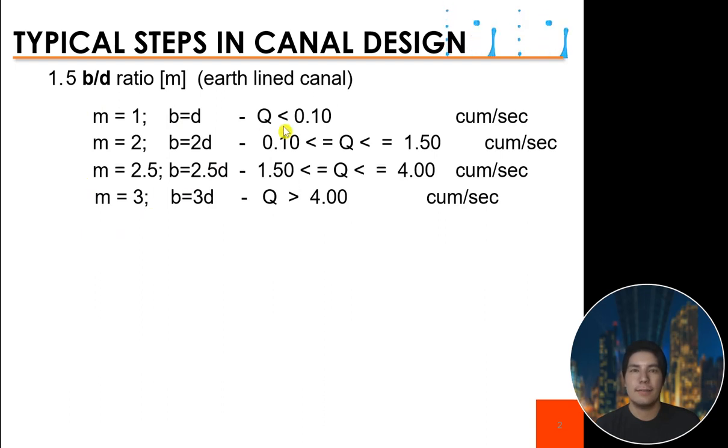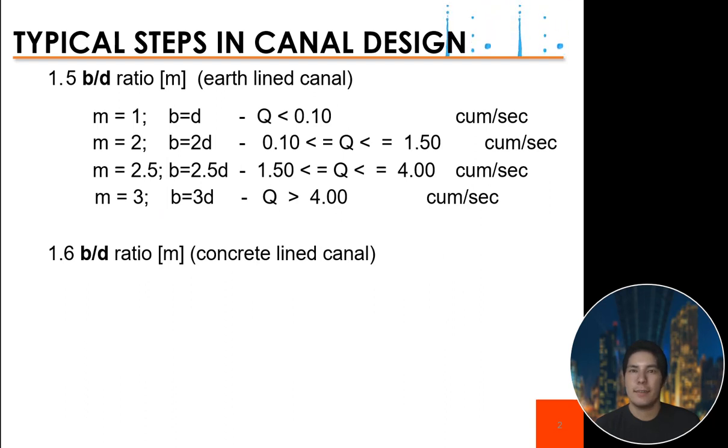So pag yung discharge natin is less than 0.10, so yung M na gagamitin natin or yung B over D is just equal to 1. Pag in between siya ng 0.10 and 1.5, yung M natin must be 2. Pag in between siya ng 1.5 tsaka 4, yung M natin is 2.5. Tsaka pag greater than 4, yung M natin is 3.